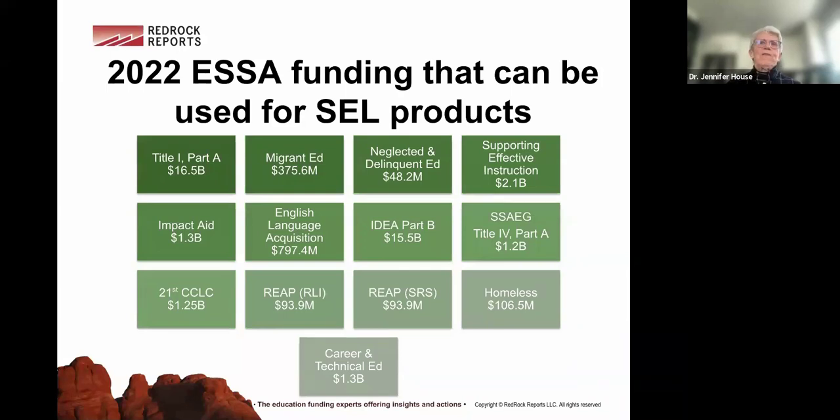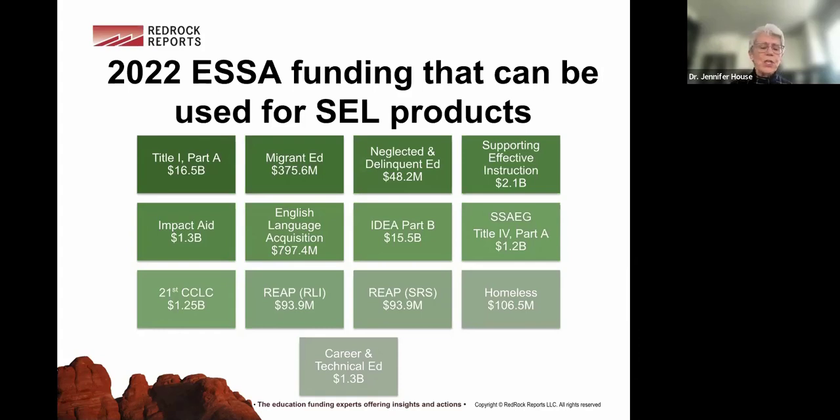Each one of them can't afford much because their budgets are so small. So this is additional money that they can use for any Every Student Succeeds Act title. They can put it all in Title I, or they can put it all in Title II, etc. So that's a big one.